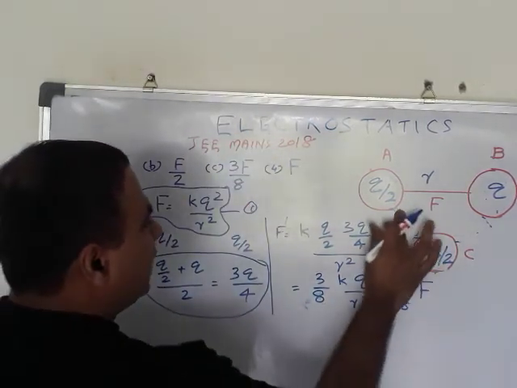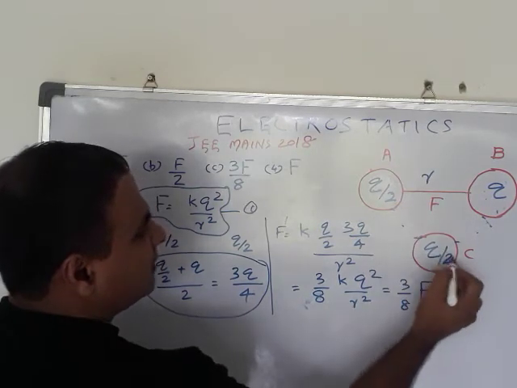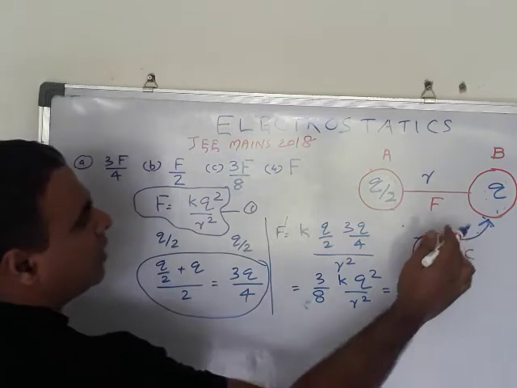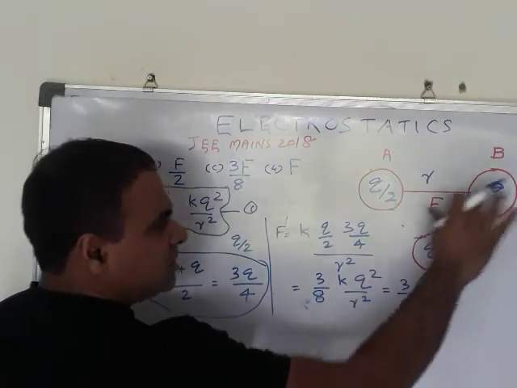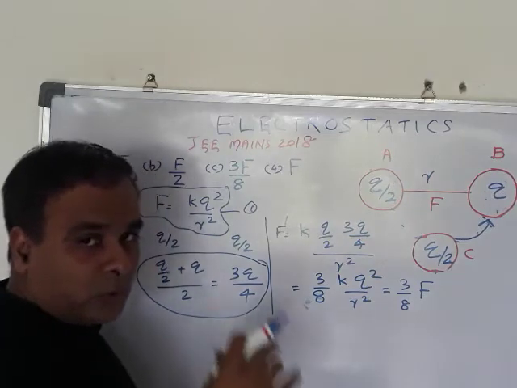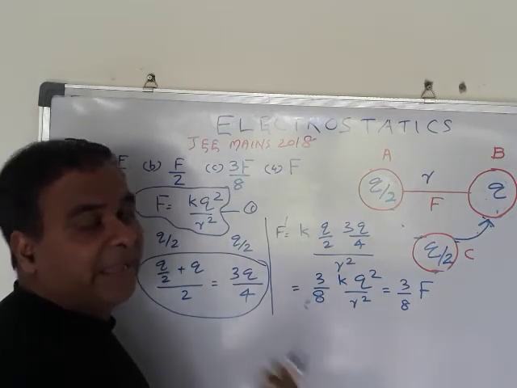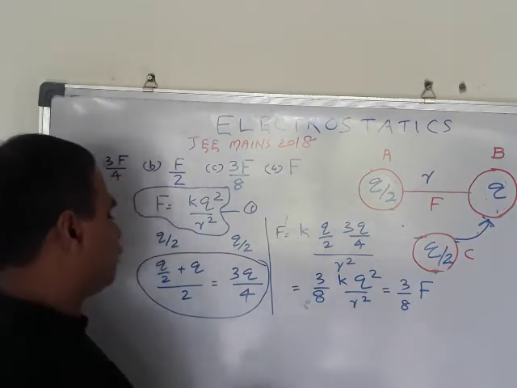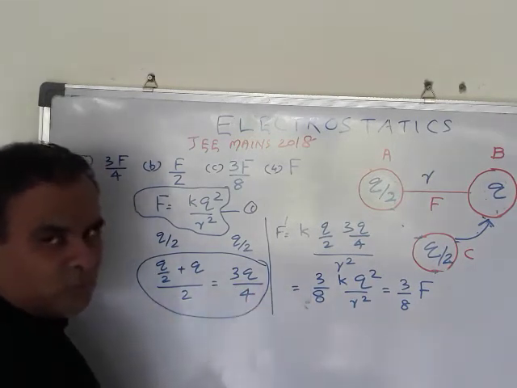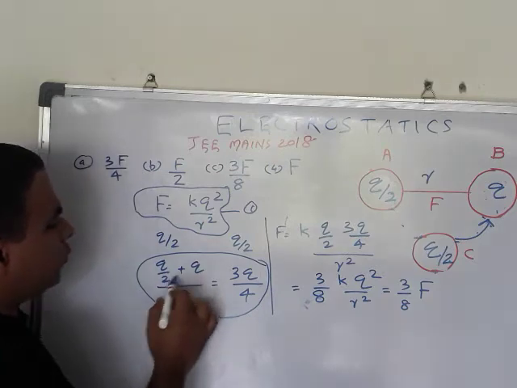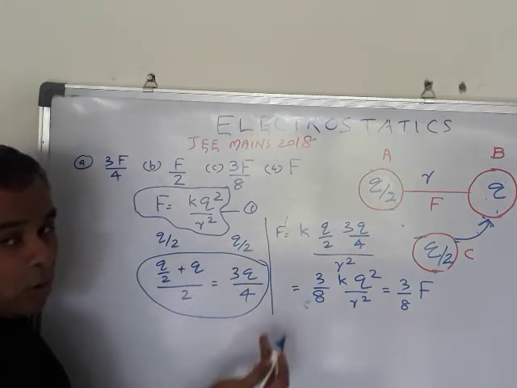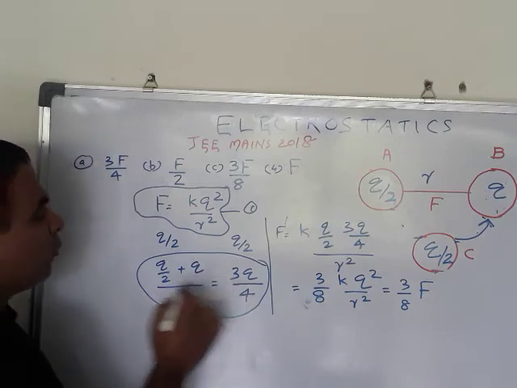Now this C is in contact with B. At that time, the total charge in these two spheres is Q and Q by 2. Those two charges will again be equally shared. So Q by 2 plus Q, that is 2Q by 2, that is 3Q by 2, the whole divided by 2, it is 3Q by 4.